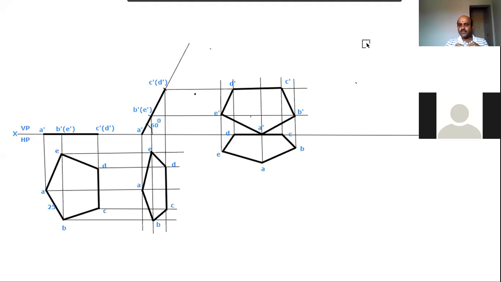Just to confuse the students, they have given that data. Don't take that data, okay? So if it is 60 degrees inclination with respect to HP, by default it is inclined to VP at 30 degrees only. Am I right? Because VP and HP are at 90 degrees. Okay. Got it? Got it, Ayush? Yes. Okay.